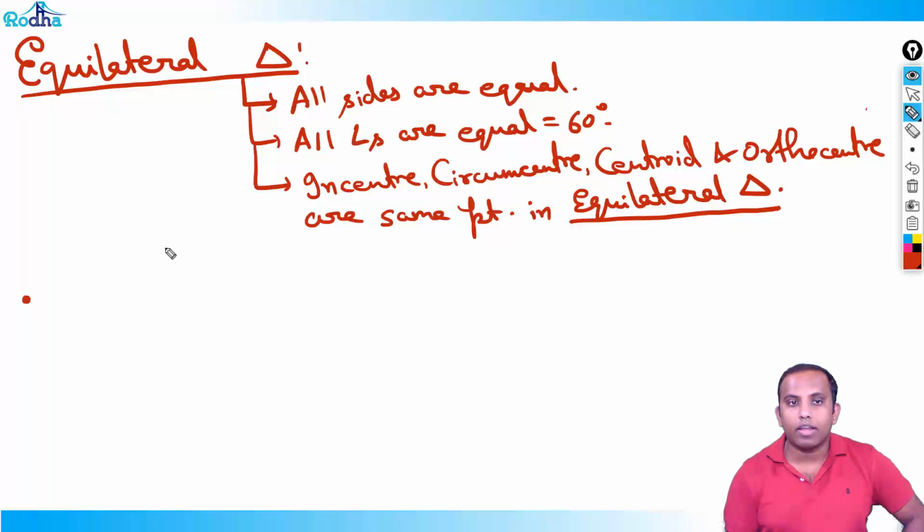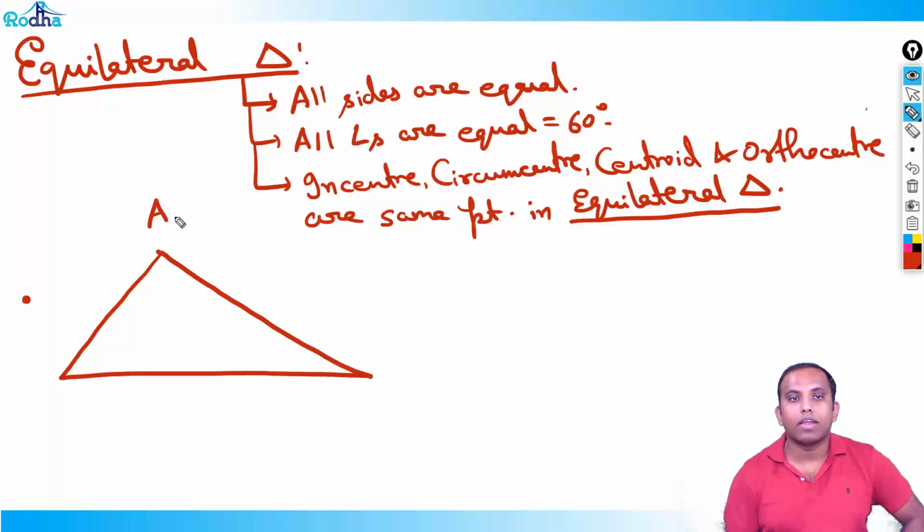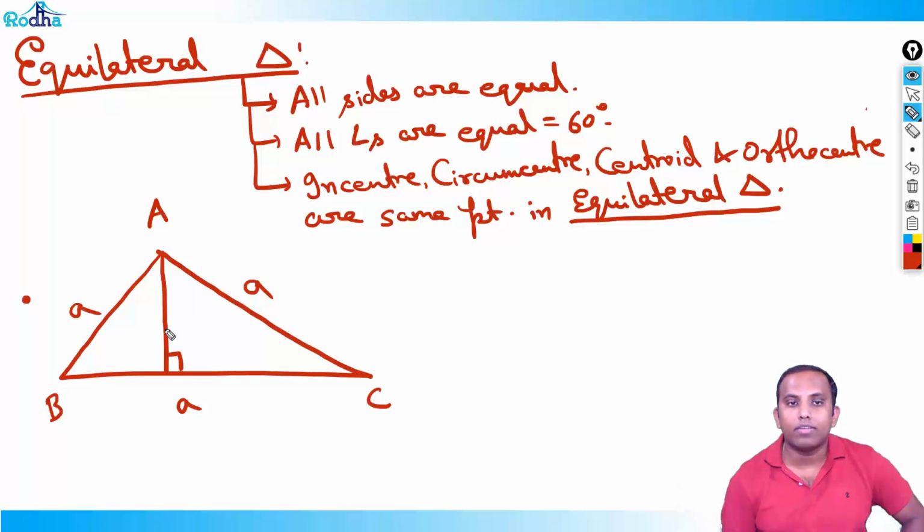So see, in this case, I'm drawing an equilateral triangle here. Equilateral triangle ABC, all sides, let's say A, are equal. Now, if I drop a perpendicular here, since the orthocenter lies on the perpendicular, let's say the orthocenter will lie somewhere here.